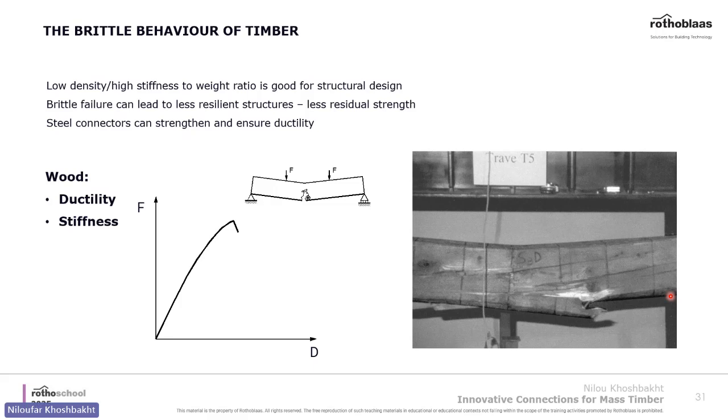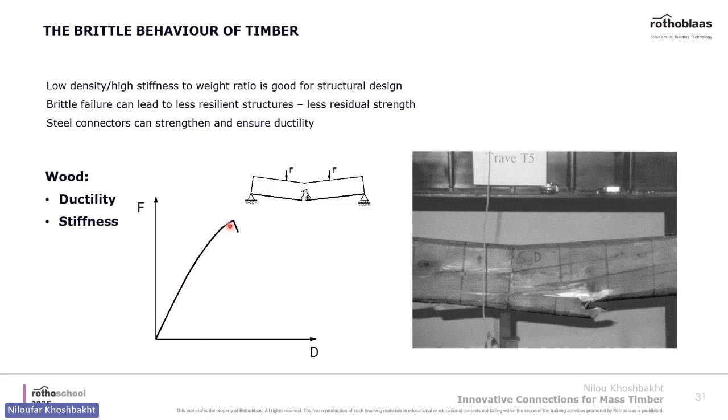And speaking of stiffness, as you see here, for example, this is the load displacement curve for the wood based on the force applied here. The slope of the curve is the stiffness of the system.